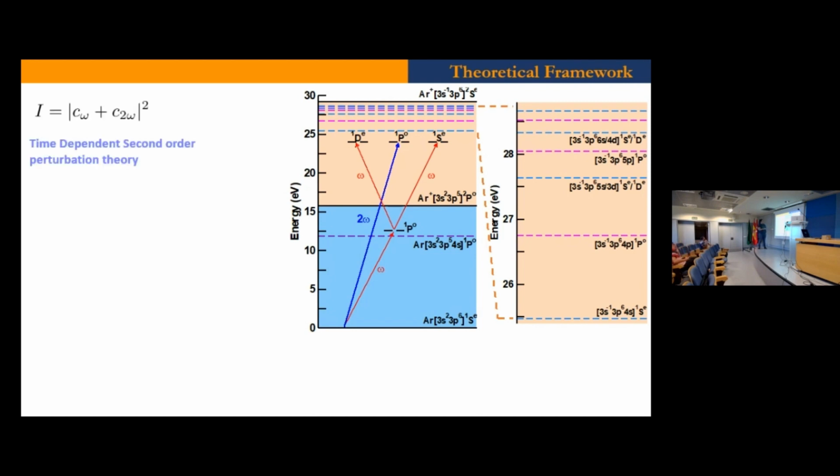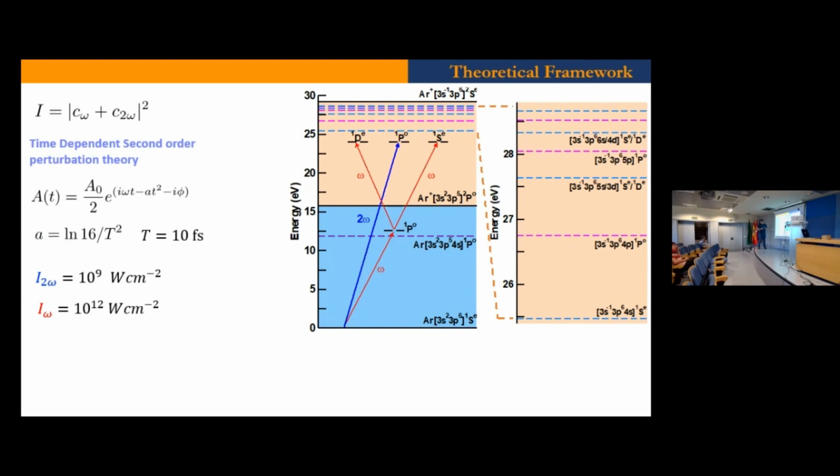Again, we can use time-dependent second-order perturbation theory for each of the paths, so you can calculate them separately: first-order perturbation for the omega, second-order for the 2 omega. If you use Gaussian pulses, this becomes not such a hard task, because you can do it almost analytically. Another aspect to take into account is that since this is a second-order process, you have to absorb 2 photons.